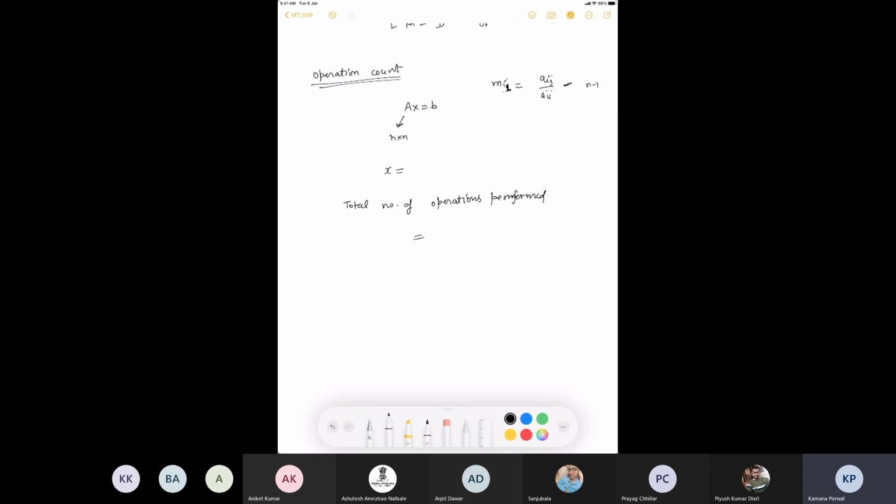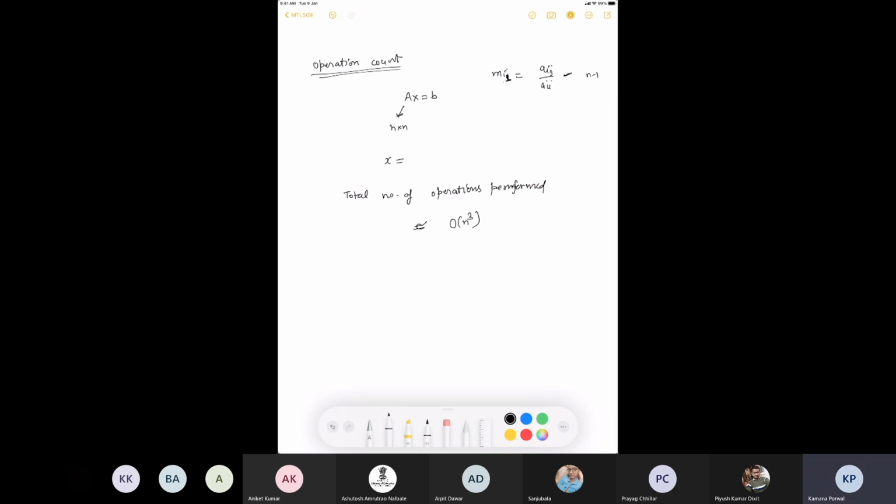Then you are multiplying these multipliers to each of the rows and then eliminating the variable. So how many divisions are required, how many multiplications are required, how many total additions are required. If you total all the counts, that is called the operation count. And for Gauss elimination, as I have mentioned, this is of order n cube.